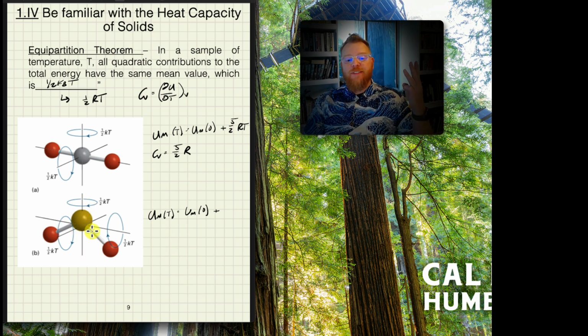But now you can see this molecule can rotate uniquely in 3 extra dimensions, 1/2, 1/2, 1/2. 6 halves makes 3, so that is 3 RT. And if we look at the heat capacity of this molecule, it's just the derivative of that function with respect to temperature, so that becomes 3R.